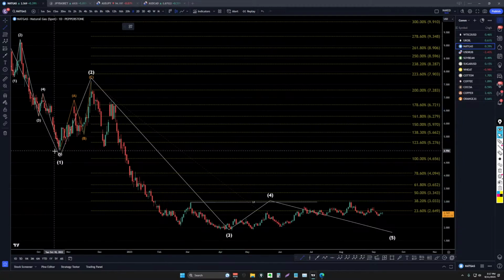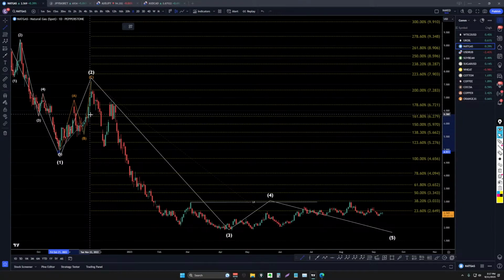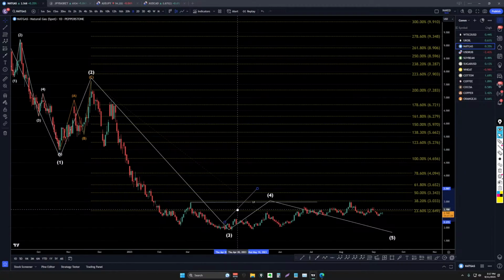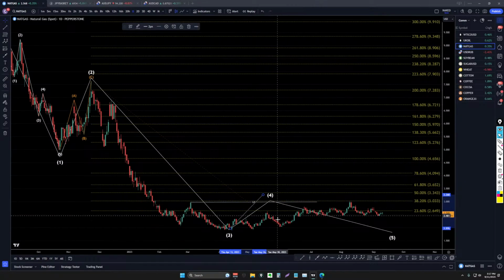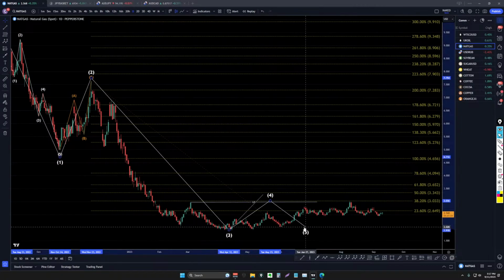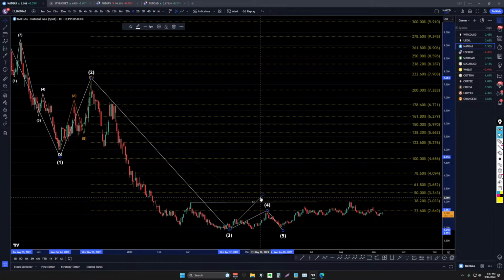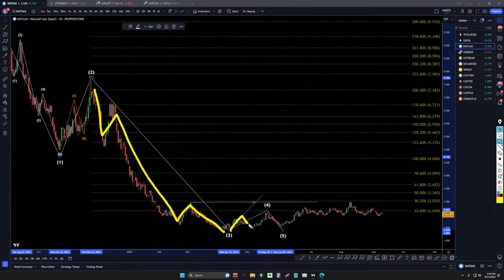One more time. It was this big right here. So if I take that and project it down here, yeah, that would make sense for this to be a failed wave 5 right there. That probably is what it is, even though there's no break of structure. 1, 2, 3, 4, 5 of 3, A, B, C of 4, and then this is a downtrend for the wave 5.